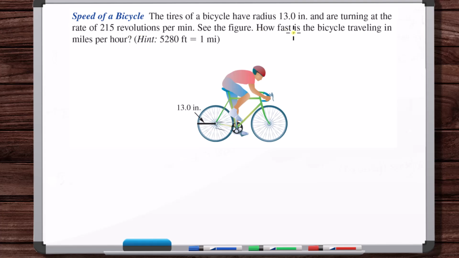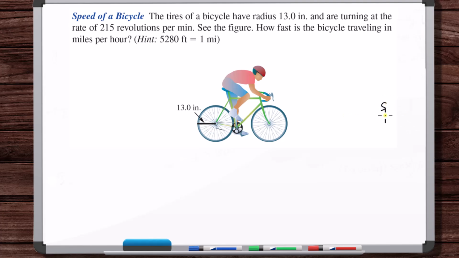And with that, it wants us to answer how fast the bike is traveling in miles per hour. So probably the main question is, how do we deal with the circular motion system?